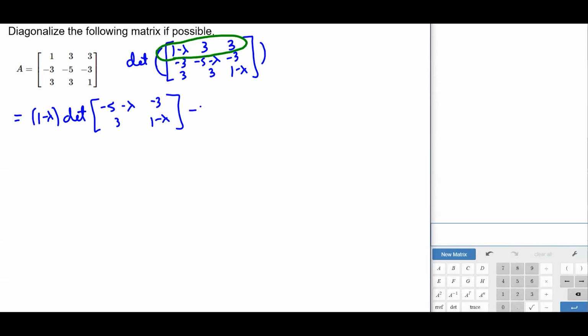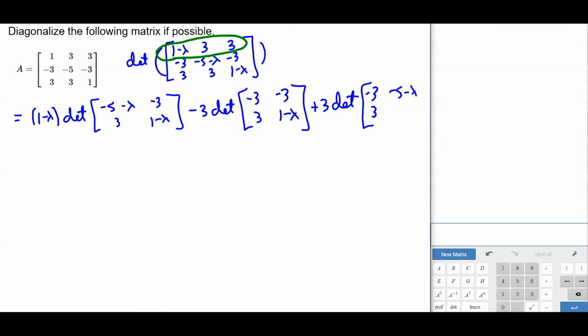And then minus 3 times the determinant of -3, 3, -3, 1 minus lambda. And then plus 3 times the determinant of -3, 3, -5 minus lambda, 3.